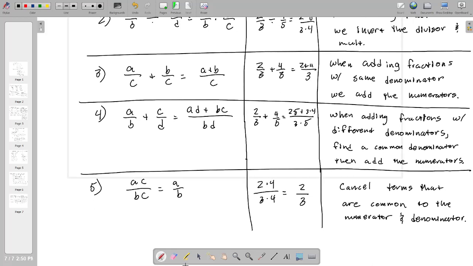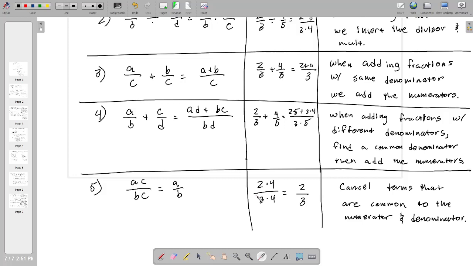Now, I do need to make a note here. You need to notice that we are multiplying the 4 times the 2 and the 3 times the 4 here. So the 4 is being multiplied by the entire numerator, and the 4 in the denominator is being multiplied by the entire rest of the denominator. Now, since we are multiplying and dividing by the same thing, those two operations will undo each other.